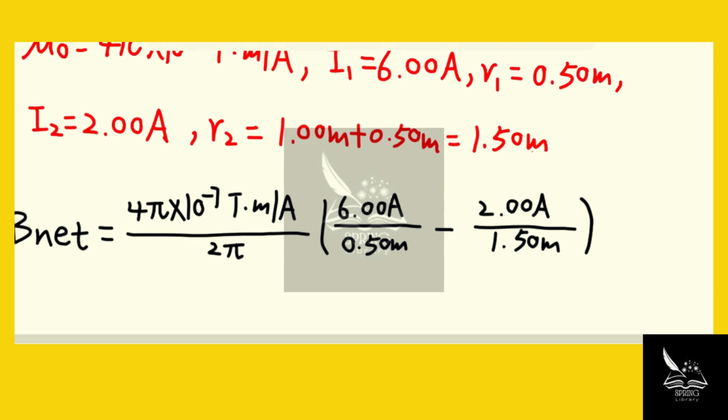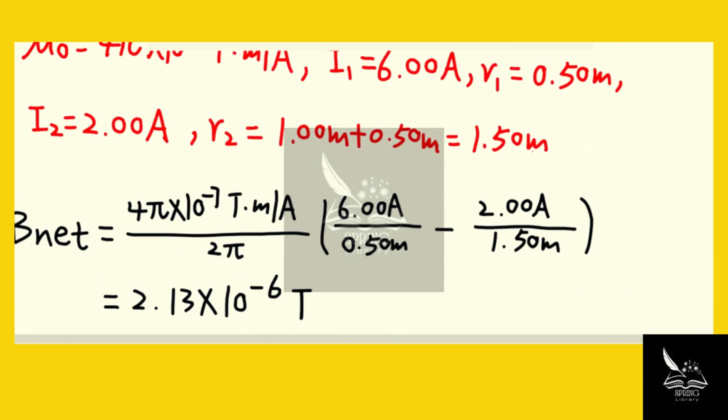And this will give us the net magnetic field at point Q is about 2.13 times 10 to the power of negative 6 Tesla.